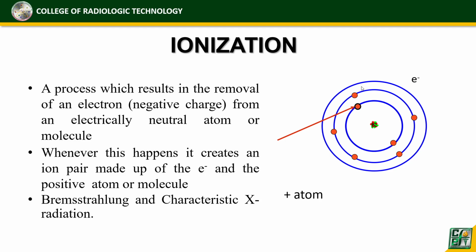Tapos, ang gagawin po ng atom ay yung electron coming from the outer shell ay mag-replace po siya. So, sa pagpalit po ng electron sa K-shell, yun po nag-produce ng characteristic radiation. Okay, so thank you. So, ayun.